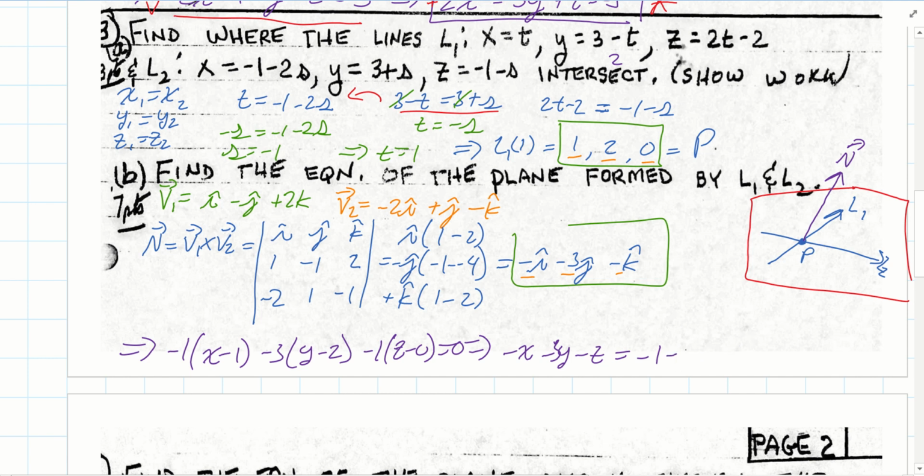Be minus 6, my bad. Equals negative 7. And then you take the negatives out of each term, because it's nicer to have a positive in the front. So it would be x plus 3y plus z equals 7. That is the equation of this plane. Again, all you need is a unit vector normal and a point.